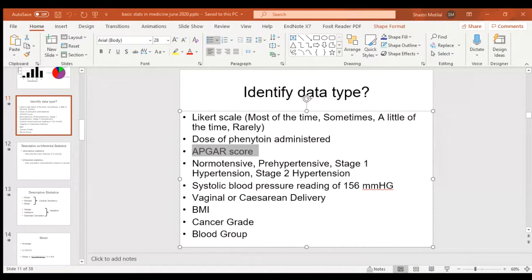The APGAR score is a score that's arbitrarily assigned to the patient. We would usually say a child with an APGAR score of 8 is better than an APGAR score of 7. But when I say the APGAR score is 7 or 8, is 8 what or 7 what? It's just 8 points. So most people are saying it is ordinal, and ordinal actually is the correct answer.